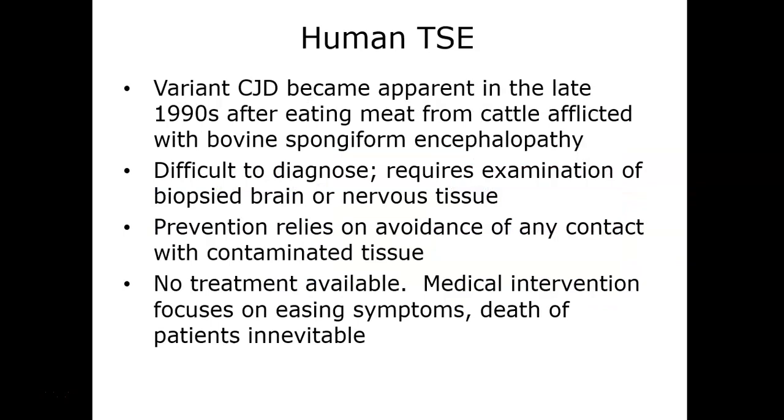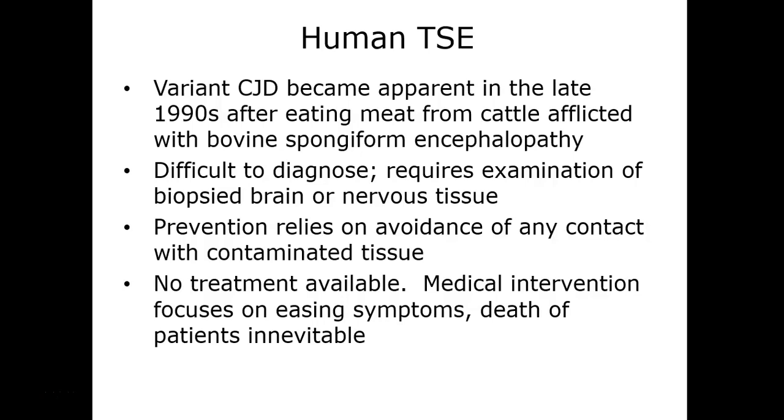The variant form of Creutzfeldt-Jakob became apparent in the late 1990s after meat was consumed from cattle that were afflicted with the bovine spongiform encephalopathy. This was the great mad cow disease outbreak of the late 1990s.